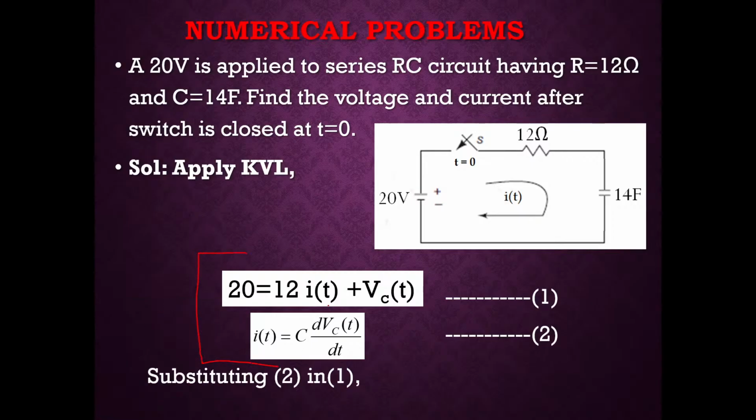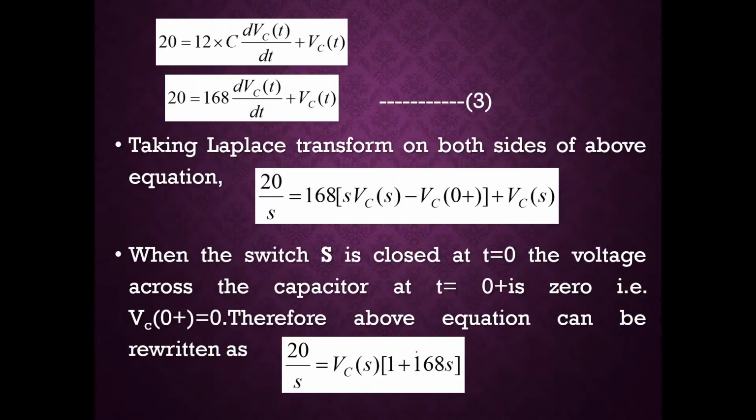It's okay. So apply KVL, you will get this expression: 20 equals 12 into i(t) plus Vc(t), and i(t) is equal to what? C into dVc by dt. Substitute 2 in 1, the same thing we have done in the theory derivation.